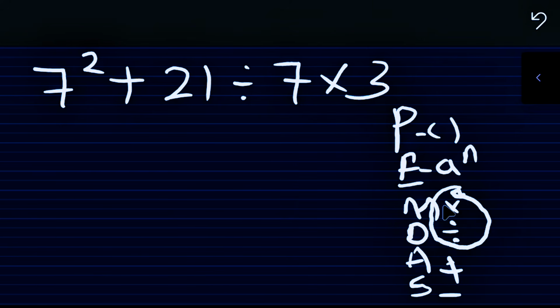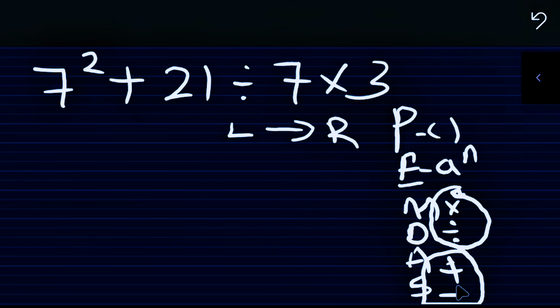That is to say, irrespective of their position in an expression, you have to solve from the left to the right, okay? Now, addition and subtraction are of the same priority as well. So from here, the first thing we are going to attend to is exponent, because we do not have parentheses.